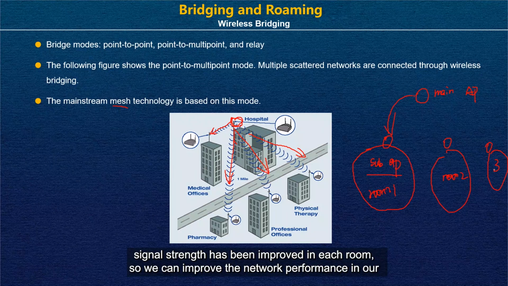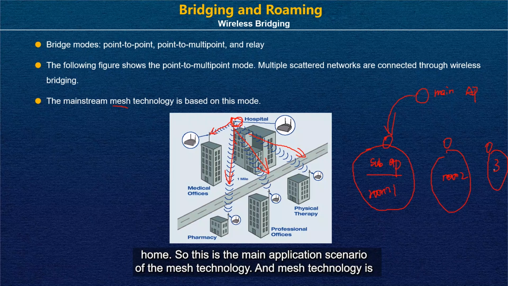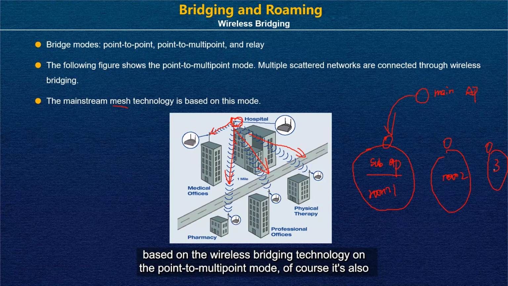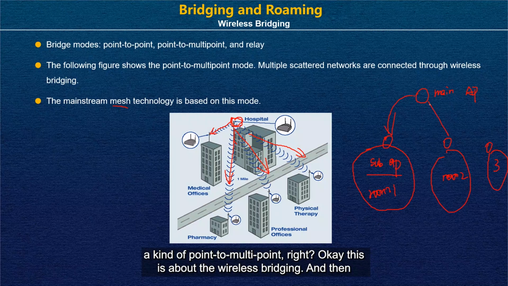So we can improve the network performance in our home. This is the main application scenario of mesh technology, and mesh technology is based on wireless bridging technology in point-to-multipoint mode. Okay, this is about wireless bridging.